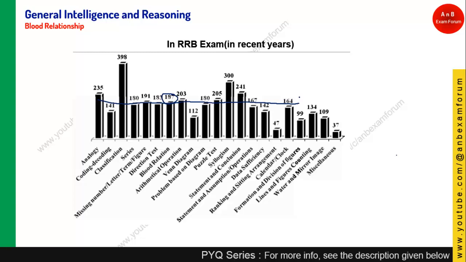Most of the chapters are repeating, like series, missing numbers, direction test. You will find one to two questions in the RRB exam definitely. So looking at the importance of this chapter, we have made the concept classes.